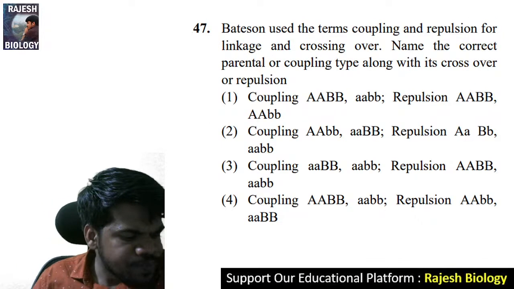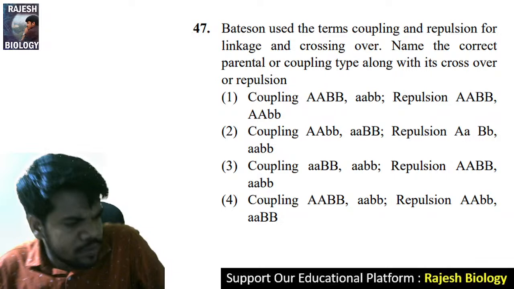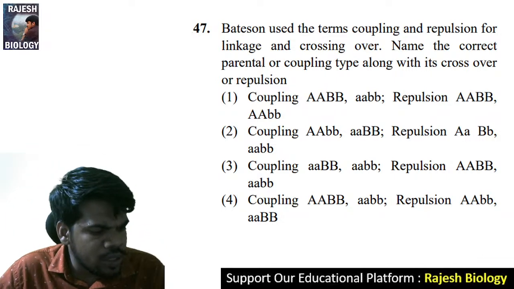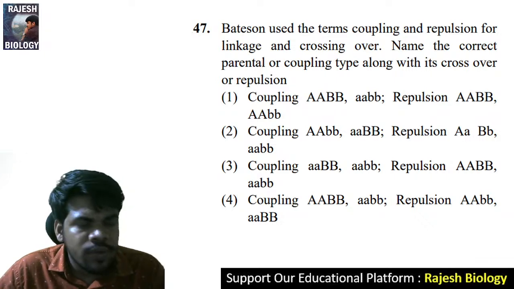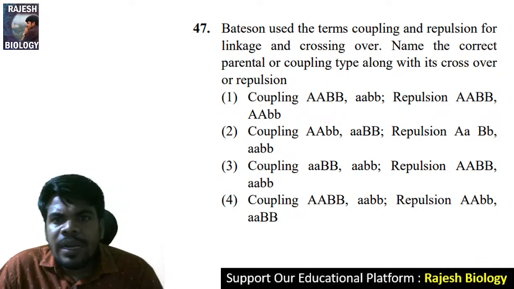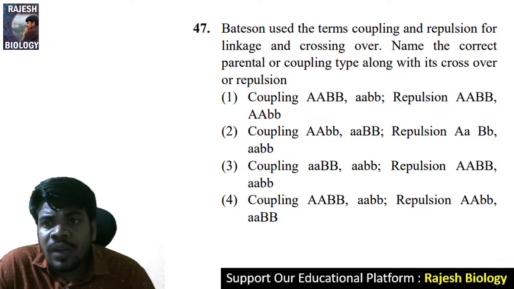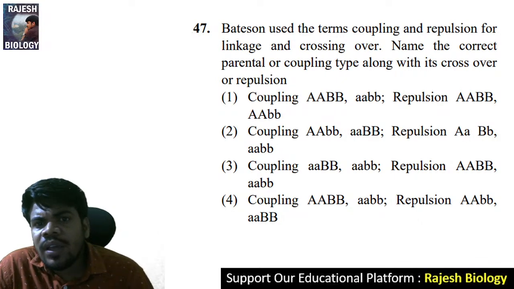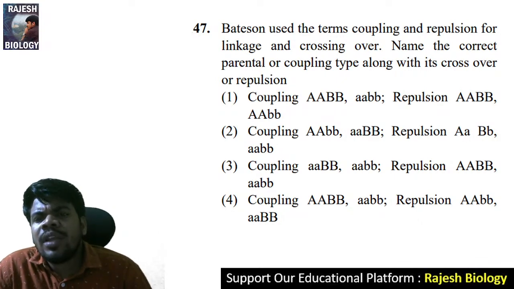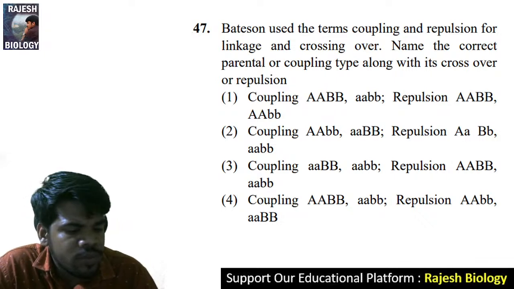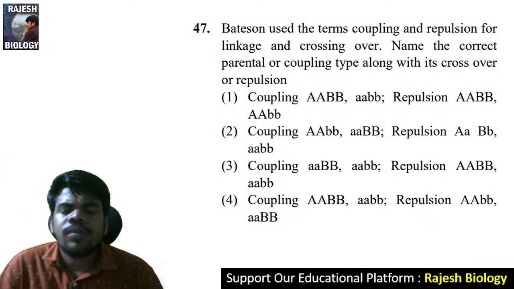47th question. 46, option 2. It is not 3, Chandrika. Yes. 47th question. Bateson used the terms coupling and repulsion for the linkage and crossing over. Name the correct parental or coupling type along with its crossover or repulsion.